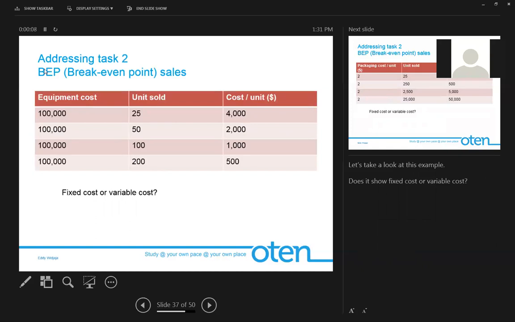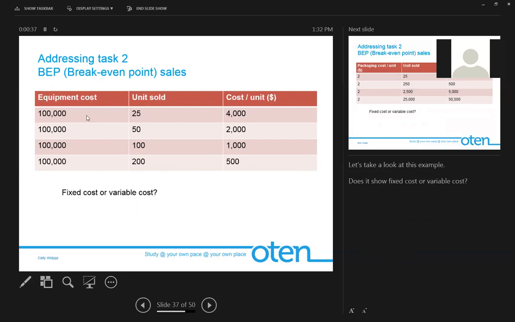Let's have a look at these two costs further because they are quite important for us to understand. Fixed cost is the cost that does not change due to volume produced or sold, for instance, equipment costs or machinery. Let's say we buy a machine that costs us $100,000. That cost is a committed cost.